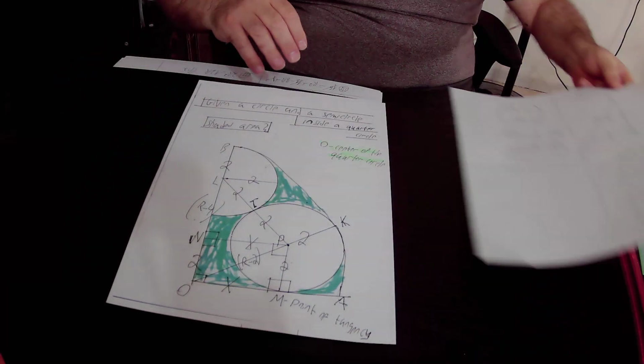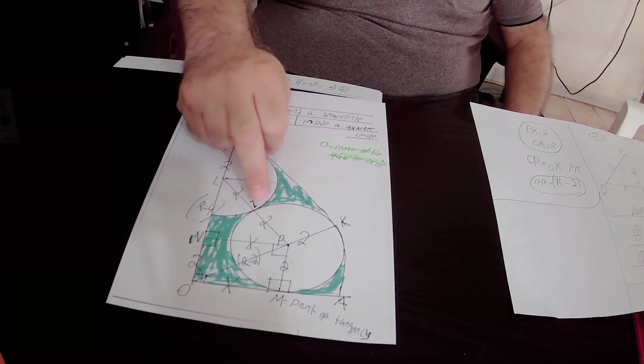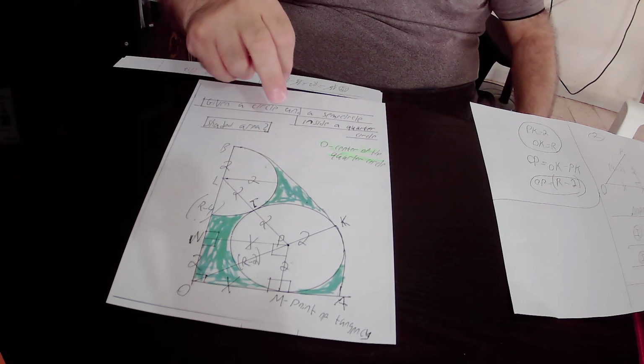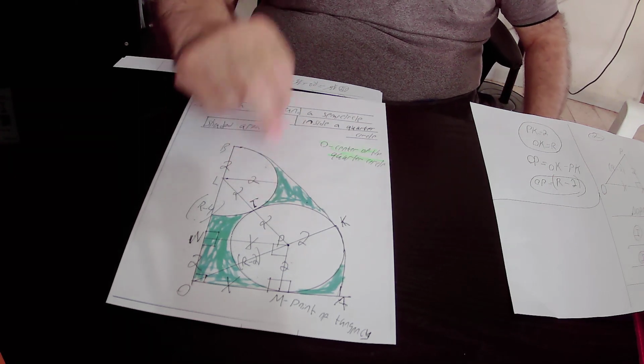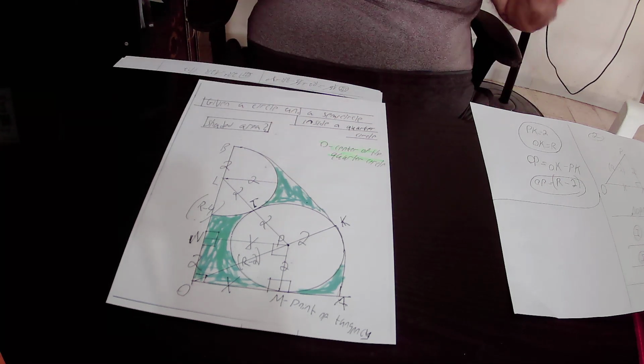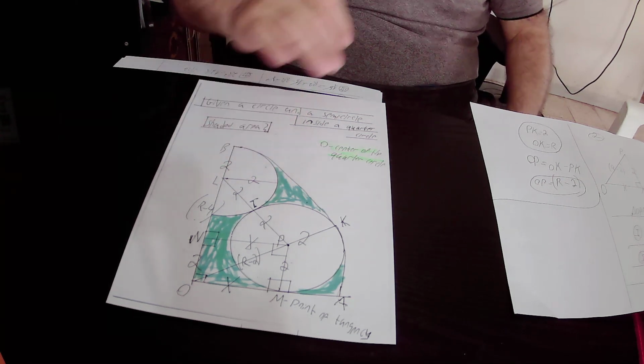Then we focused at this point, the point of tangency, the touching point of the circle and the semicircle.